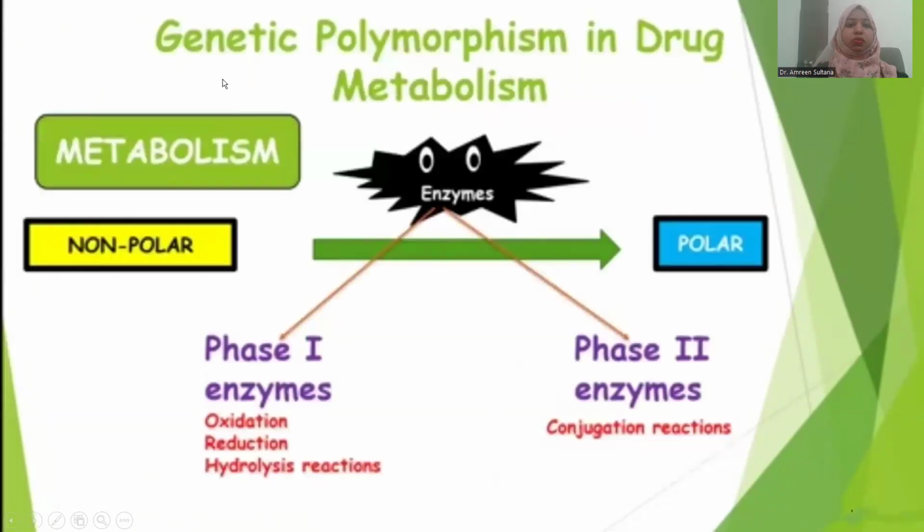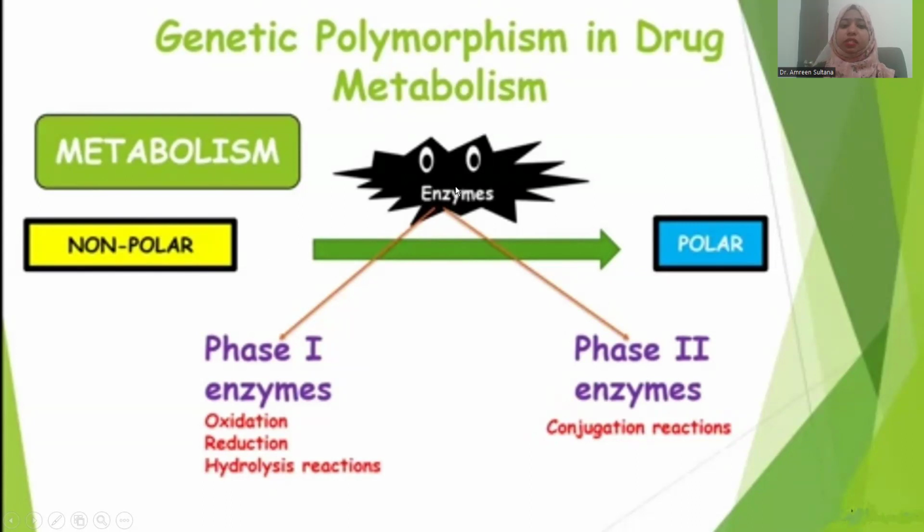So next, coming to genetic polymorphisms in drug metabolism. How the drug is getting metabolized in the genetic condition. See, in metabolism we have two forms, the non-polar drug and the polar drug. How the non-polar drug is getting converted to the polar one depends on enzymes.